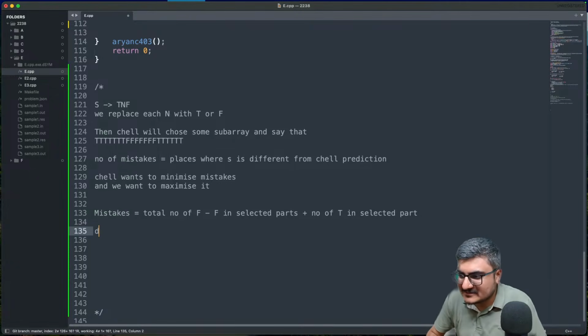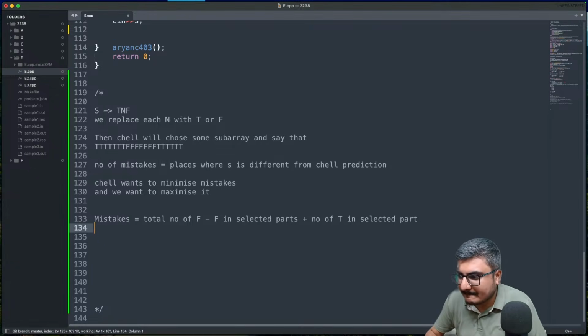We can keep DP states as follows. We can split it into two parts. Change F to 1, F to minus 1, and T to 1.